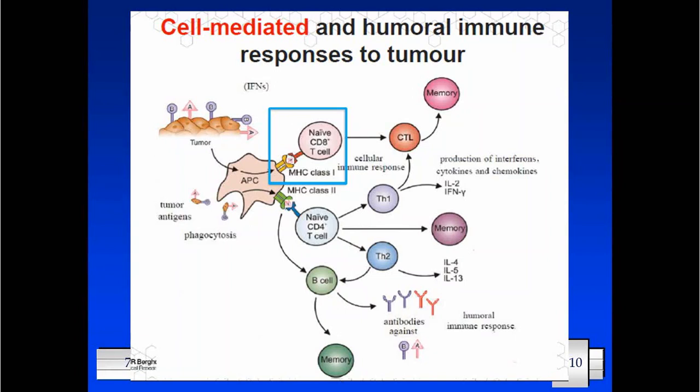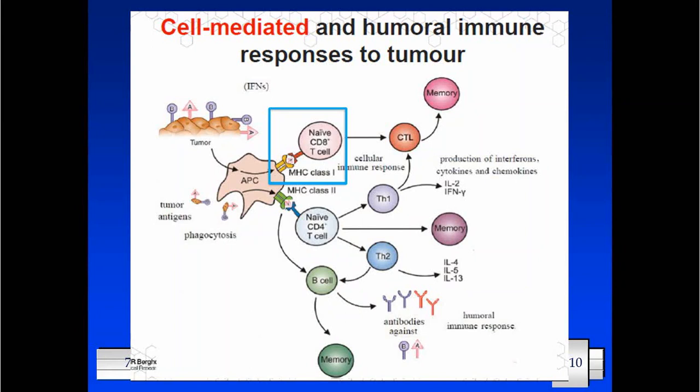The cytotoxic T lymphocyte reacts to and binds the tumor antigen presented by the antigen presenting cell. So the tumor has antigens, and these antigens are ingested by an antigen presenting cell. It may be a dendritic cell or the tumor cell itself.